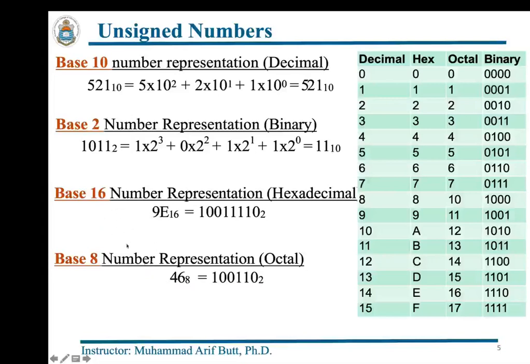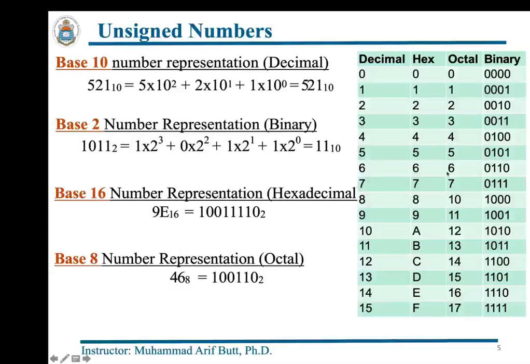These base 8 and base 16 number systems are normally used by computer system designers and programmers as they provide a human-friendly representation of these binary numbers or the binary coded values. Well, each hex digit represents four binary digits, and each octal digit represents three binary digits. So we can easily convert from binary to base 16 or from base 16 to binary.